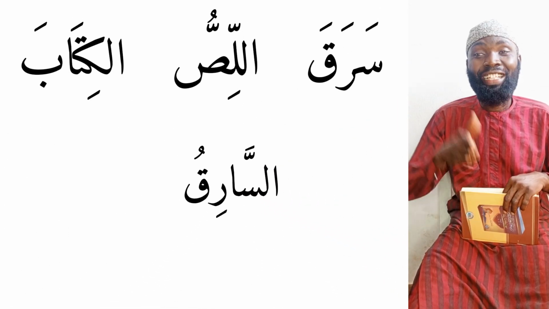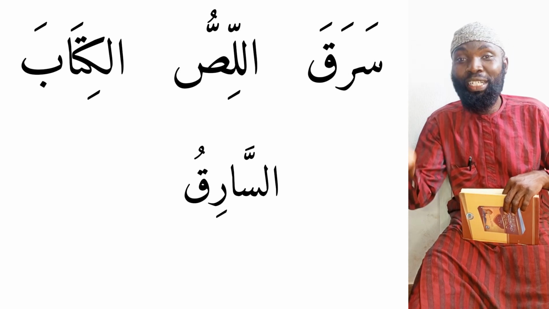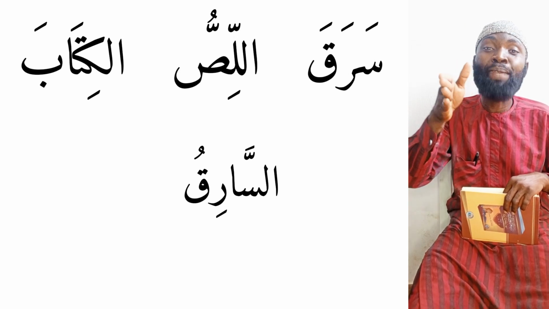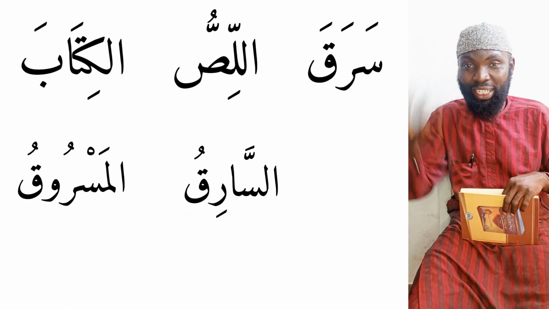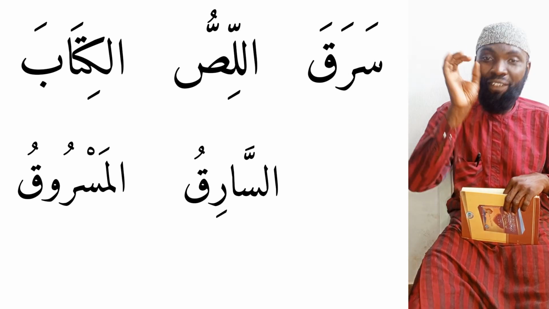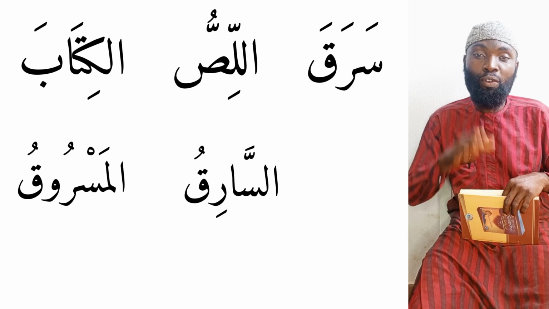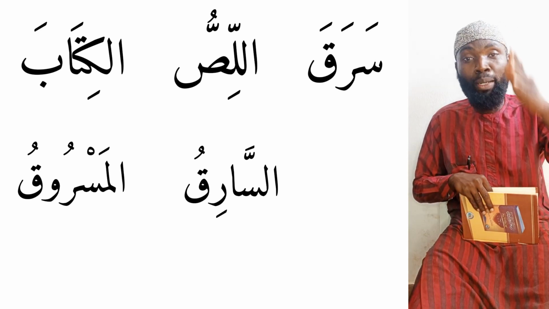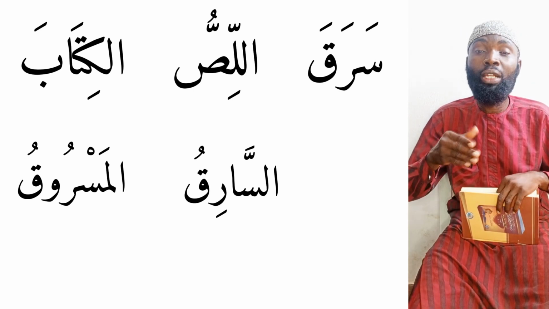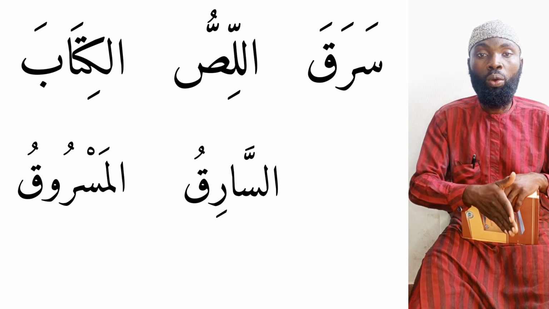Can you see here? What is being stolen, which is the book, will now become al-masruqu, the stolen. Again, we have ismul fa'il and ismul maf'ul. Ismul fa'il is gotten from the past tense verb, like khalaqa or saraqa.